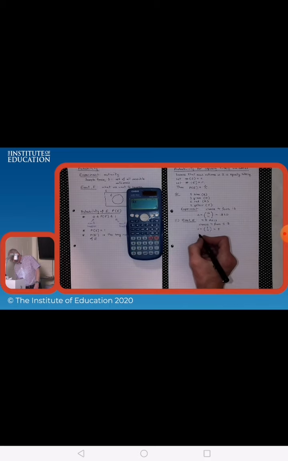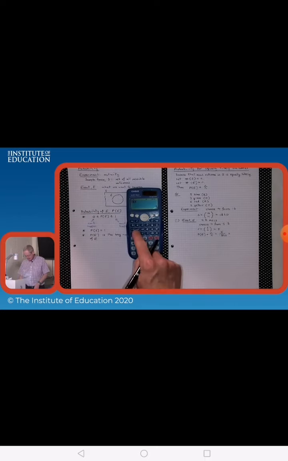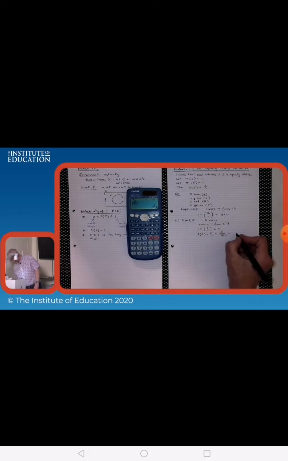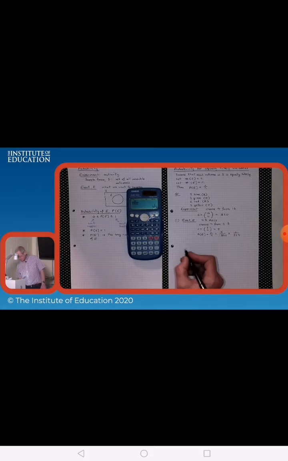And therefore, the probability of that event is going to be nE over n, and that's going to be 5 over 1820. And we can let the calculator simplify that fraction for us. 5 over 1820, and that's 1 over 364. Okay, so that's the answer for the first part of that question there.